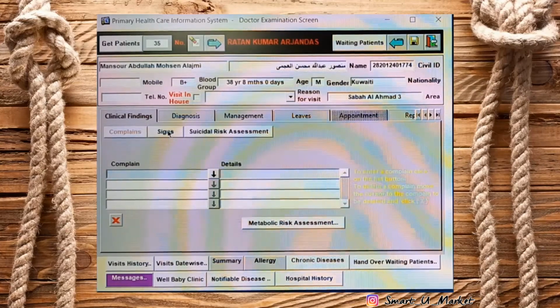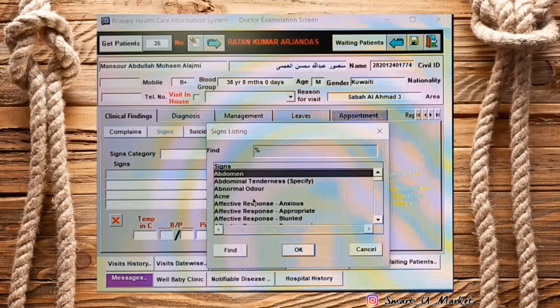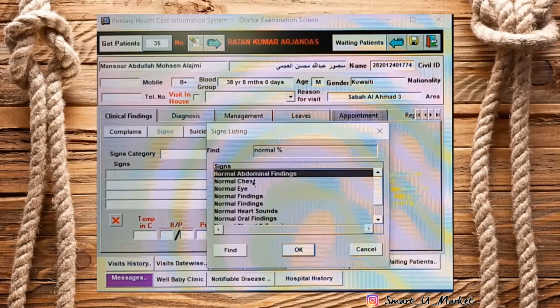After that, when we examine the patient, definitely we will find some sign. If there is no sign, at least we have to write the normal findings, like normal abdomen, normal chest. If the patient is asthmatic and you didn't find anything, you have to write normal chest.